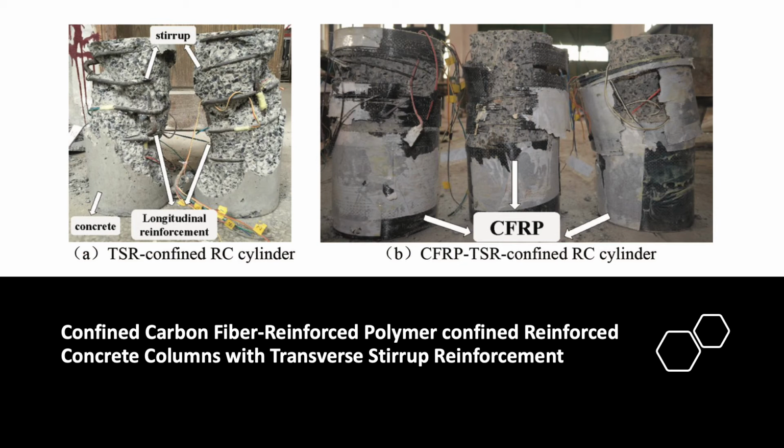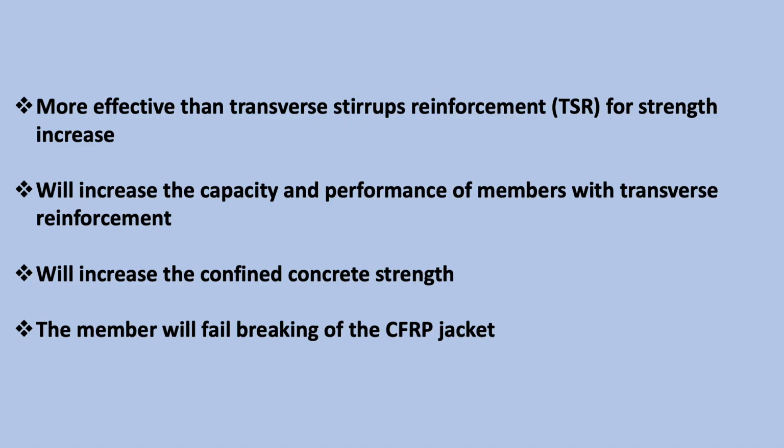The performance of concrete columns with regular transverse stirrup reinforcement can also be improved by the use of carbon fiber reinforced polymer wraps or jackets. It has been found that carbon fiber reinforced polymer jackets were more effective than transverse stirrup reinforcement for overall strength increase.